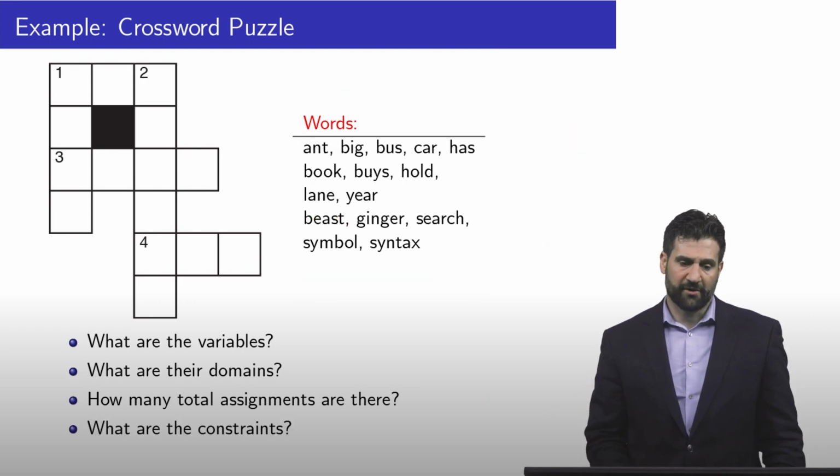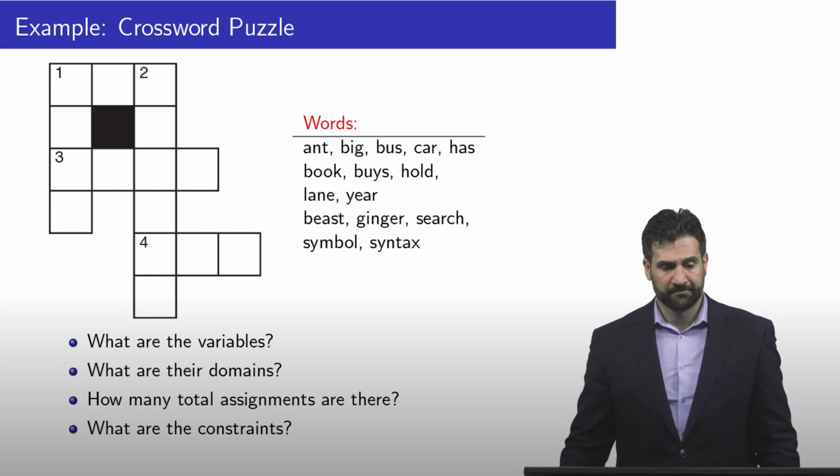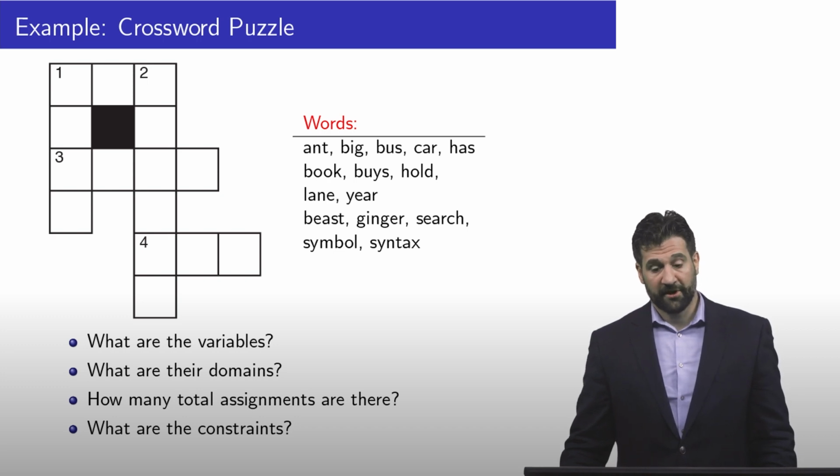So what are the constraints? Well, we can form the constraints as certain words can go together. So for example, 1 across and 1 down have to share the first letter.